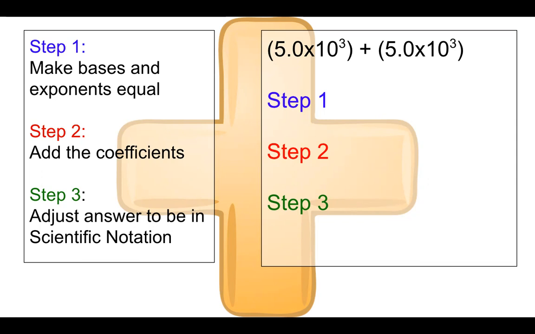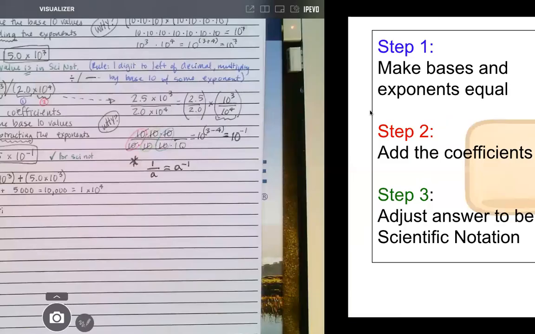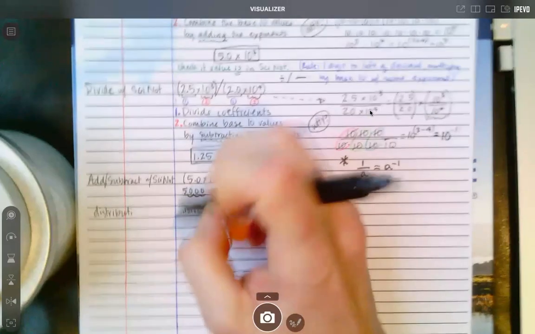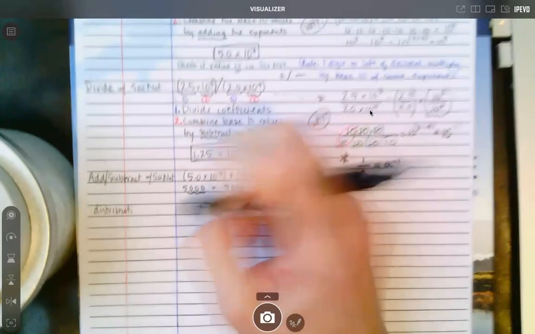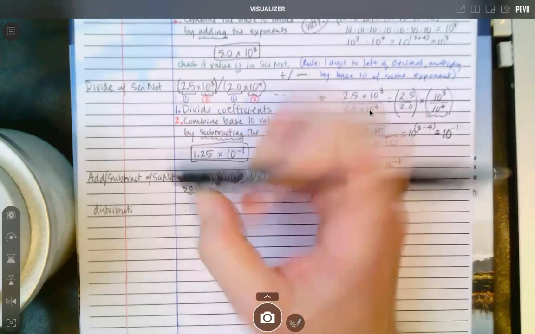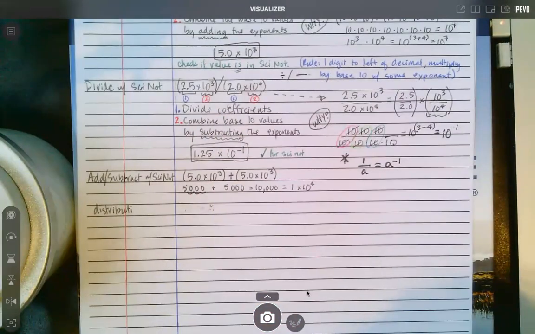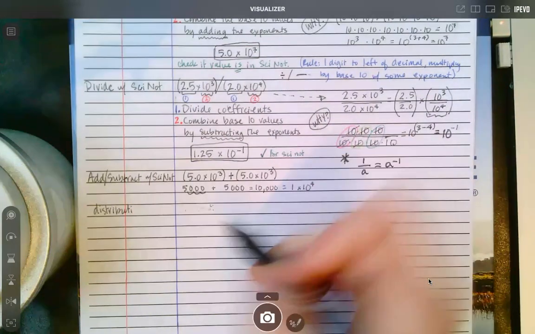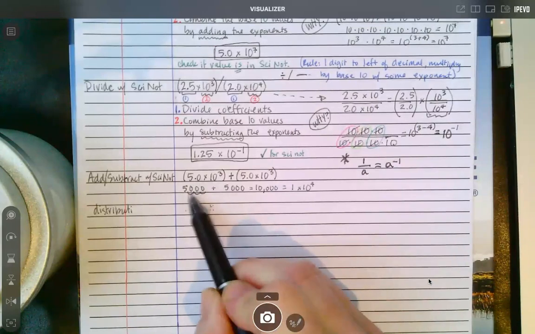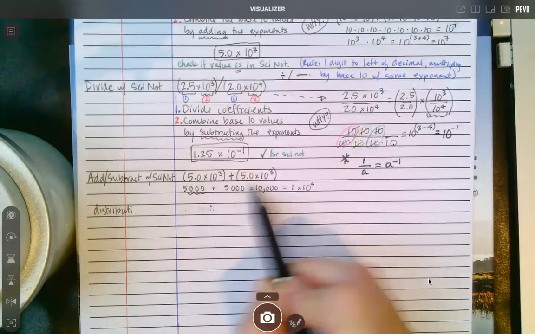Let's write it out here. I just did all of that without showing you what was on my screen. So I just realized, I did this 5.0, 1, 2, 3, expand out to 5,000 plus 5,000, which would equal 10,000.